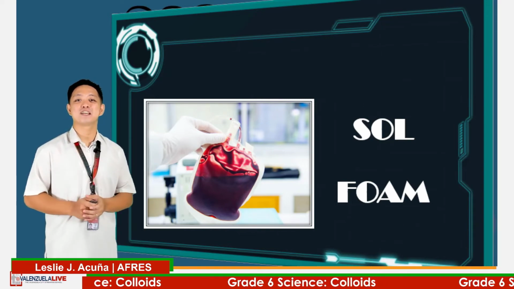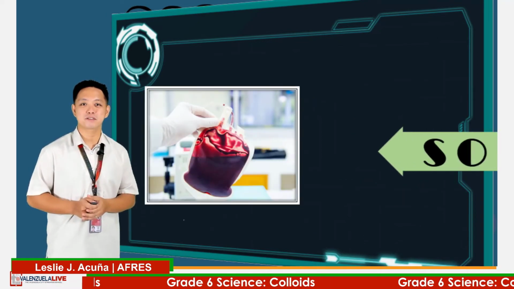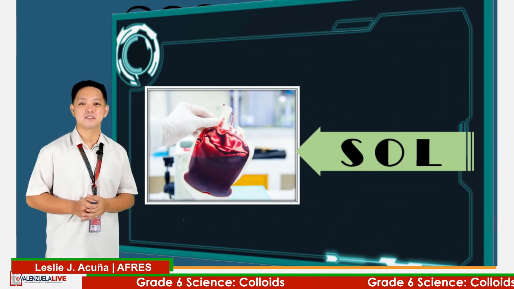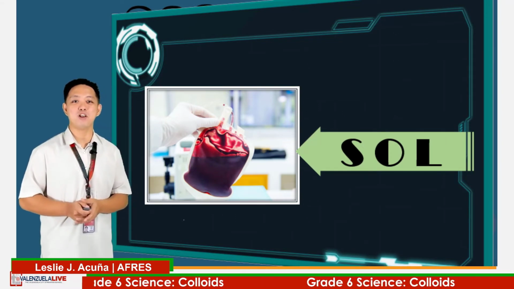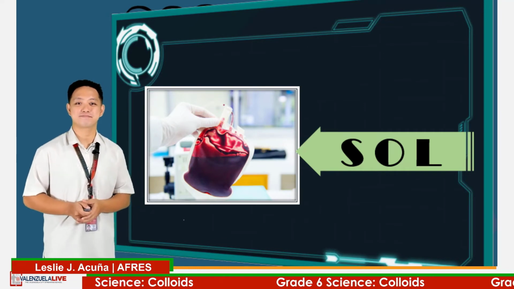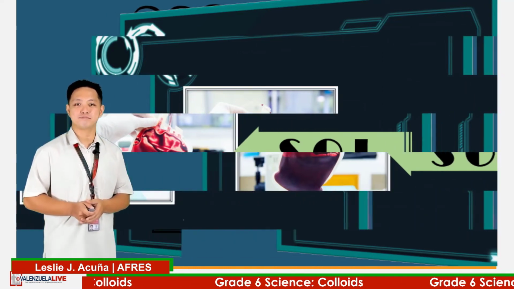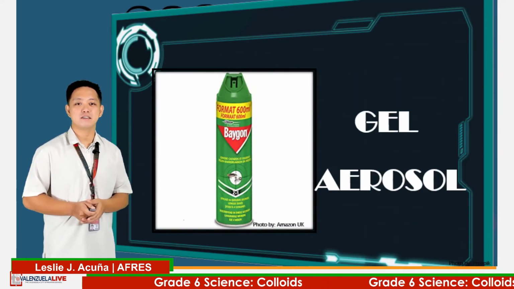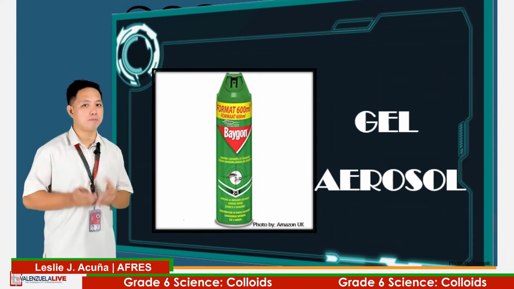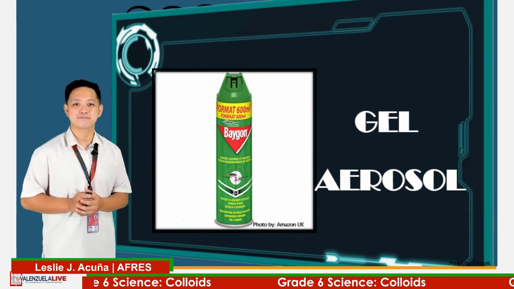All right. The correct answer is sol. Very good. Blood is an example of a sol. How about picture number 2? Is it an example of a gel or an aerosol?